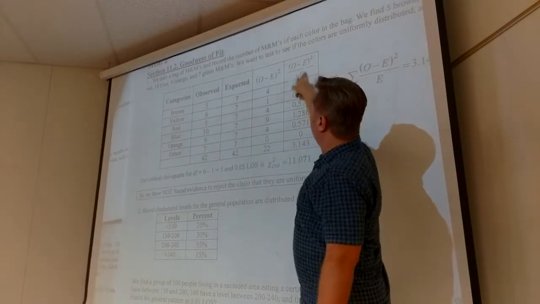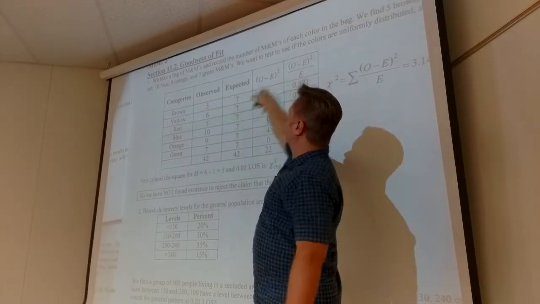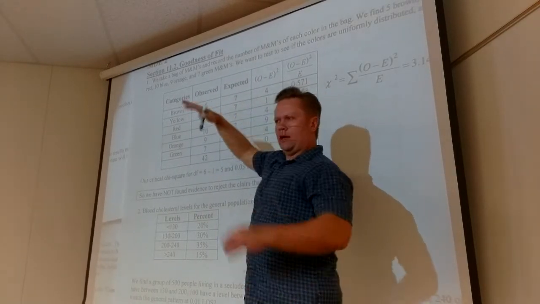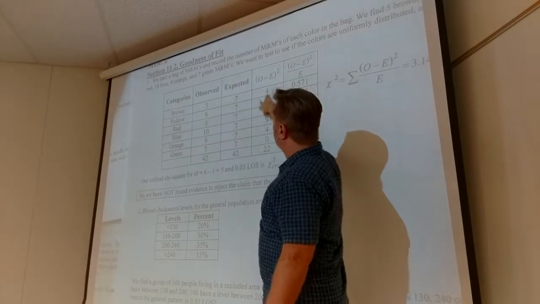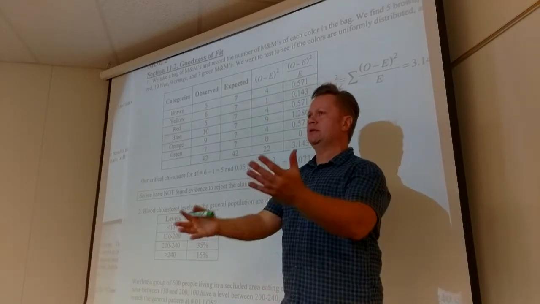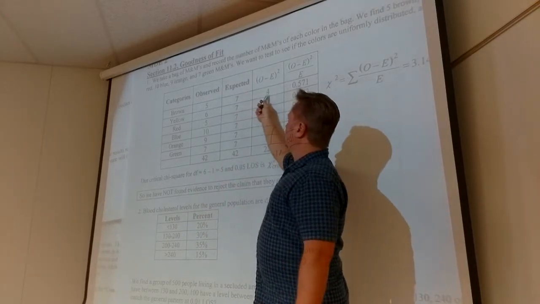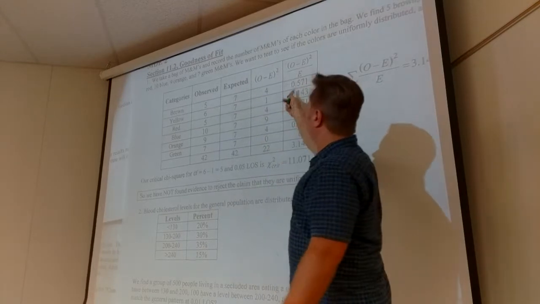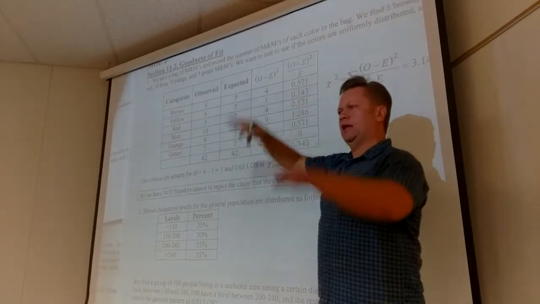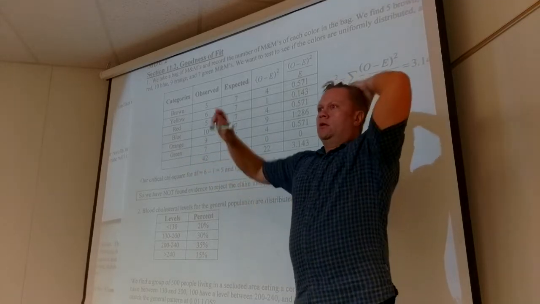But then I kind of normalize it to what I expect. I divide by the expected. So it's like, okay, how big of a difference is this? It kind of depends on, well, what did I expect to get? If I expected 8,000, then this is not that big of a difference. So when I divide by the expected, I'm getting a relative feel of how big that difference is.